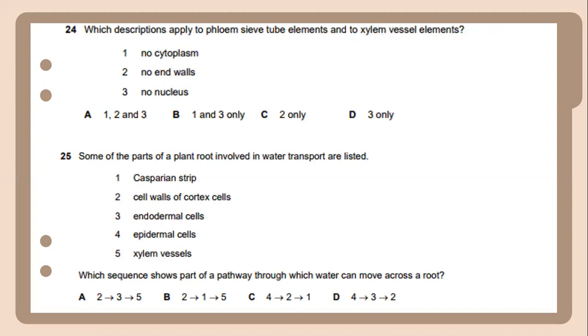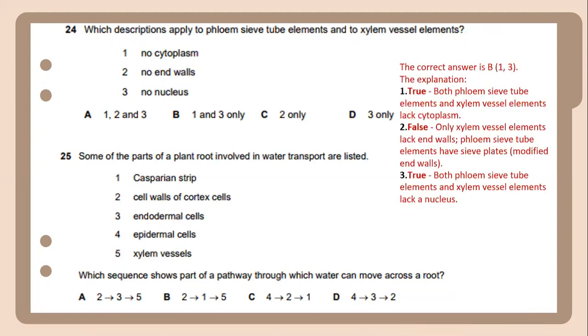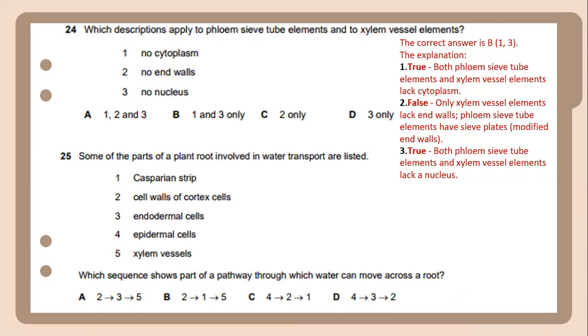24. Which description applies to phloem sieve tube elements and to xylem vessel elements? The correct answer will be no cytoplasm and no nucleus. So both phloem sieve tube elements and xylem vessel elements lack cytoplasm.